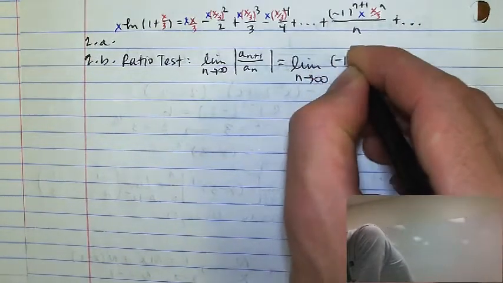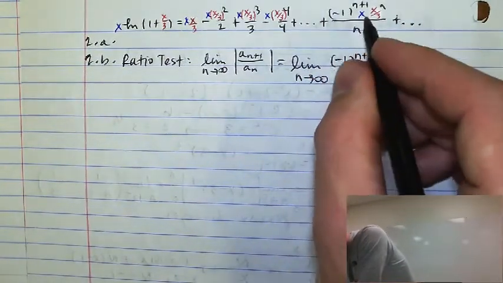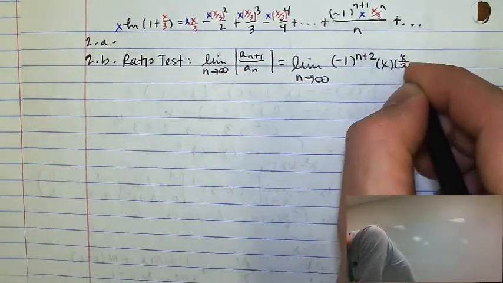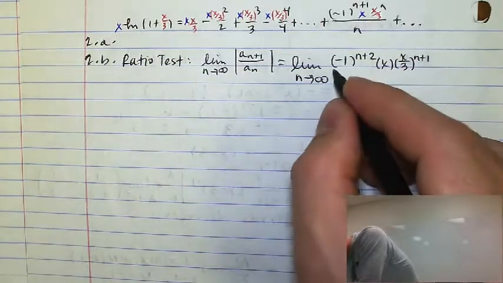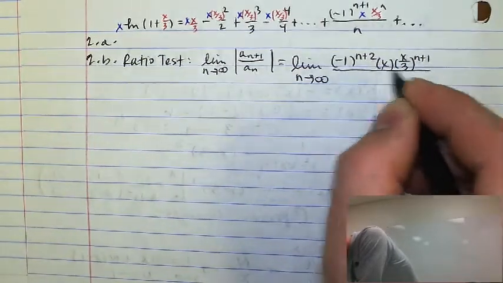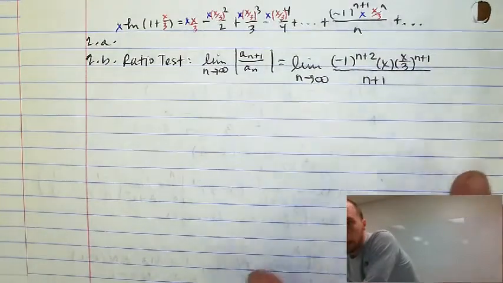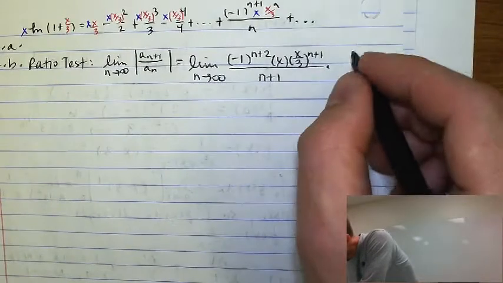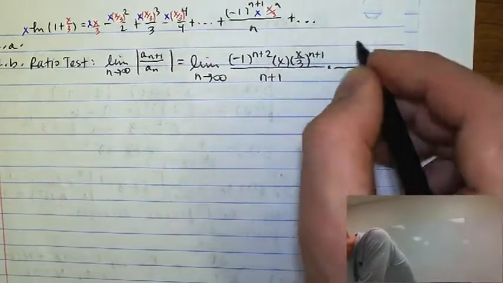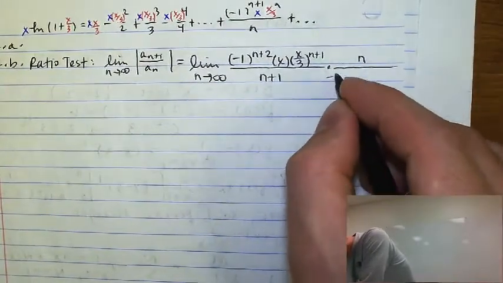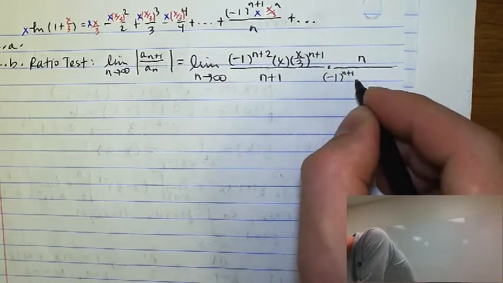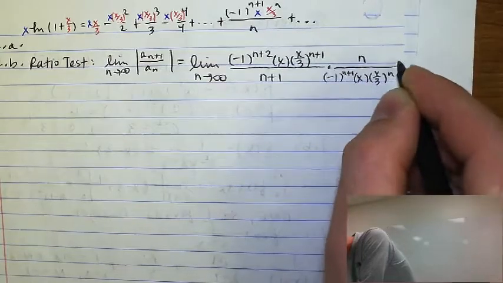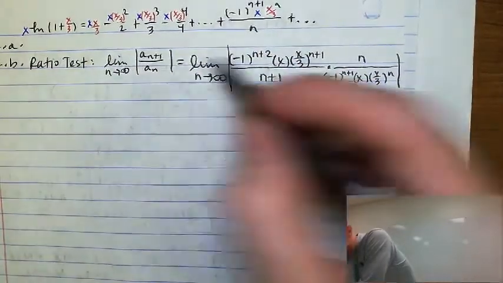So negative 1 to the n plus 2, x times x over 3 to the n plus 1, divided by n plus 1, multiplied by the reciprocal of the original, that's n divided by negative 1 to the n plus 1, x times x over 3 to the n. And I'm taking the absolute value of it, right?